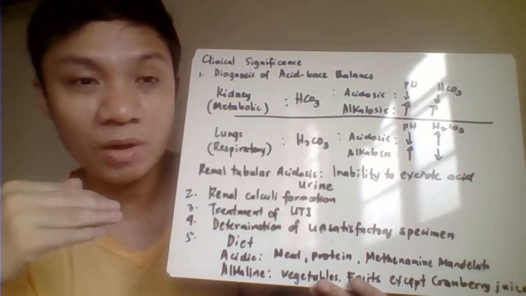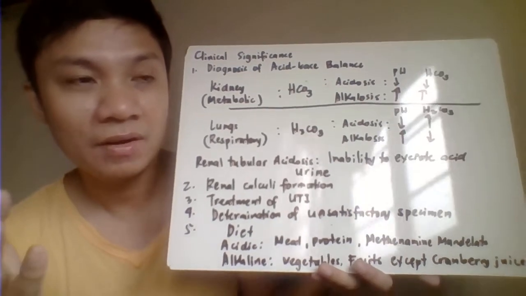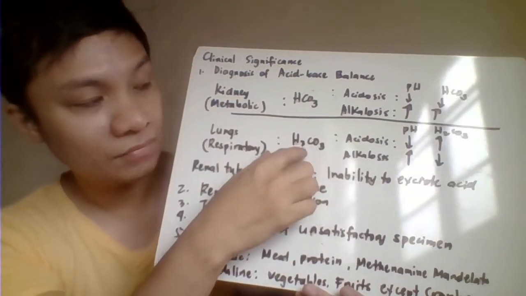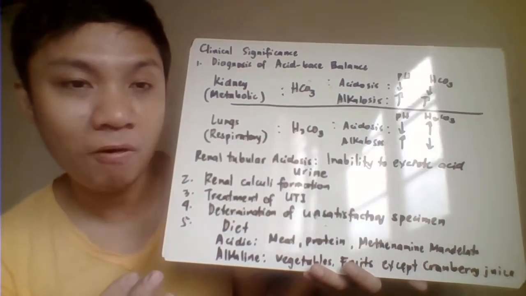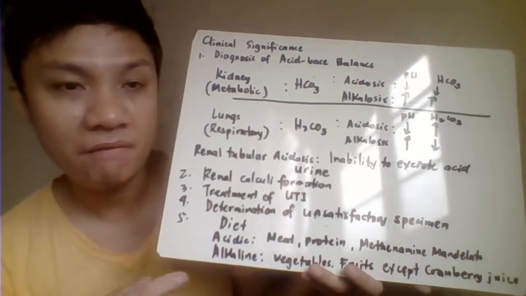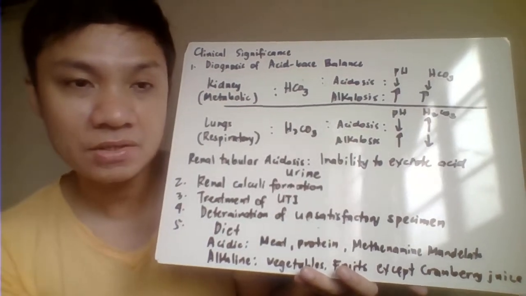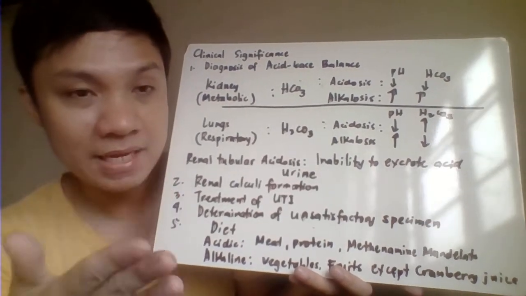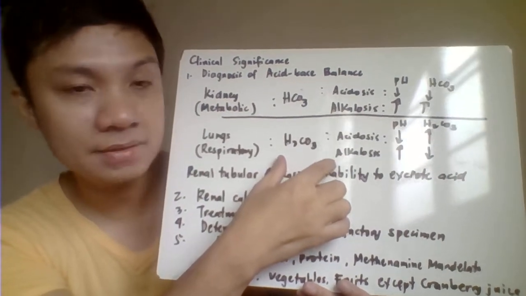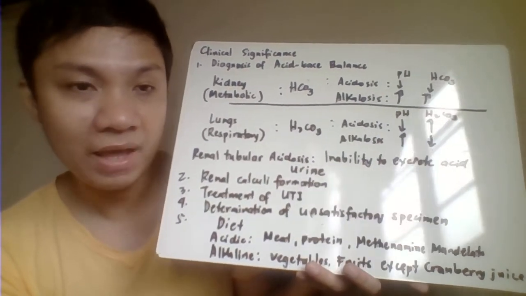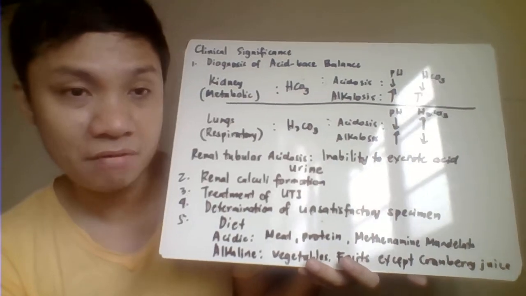Exhale is to excrete an acid. And then you could also inhale. Better terms for that are hypoventilation and hyperventilation. Pag hyperventilation, nilalabas niya ang acid natin in the form of carbonic acid. Pag hypoventilation naman, we conserve the acid.